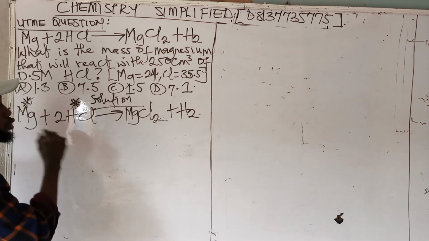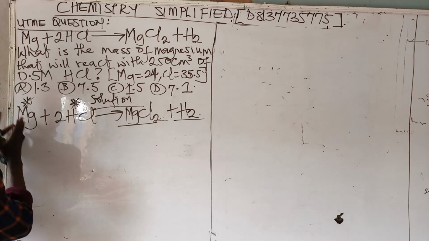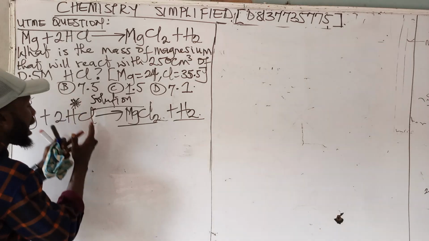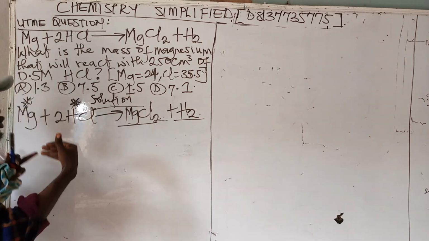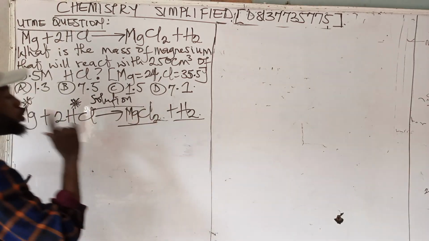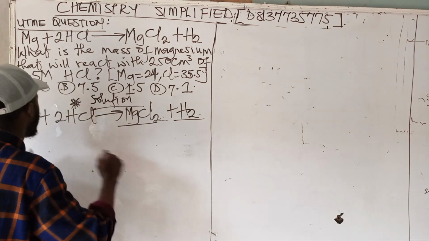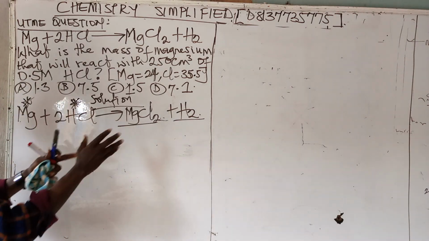So when you identify the species you are to tackle, you don't have issue with the others. The only time you need the rest is to check whether the equation is balanced, and after that you don't have issue with them anymore.